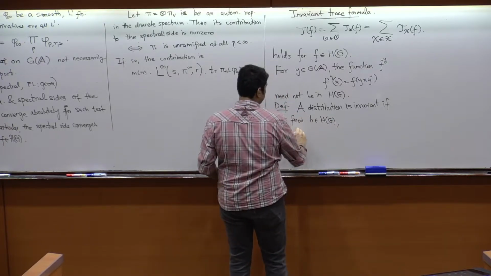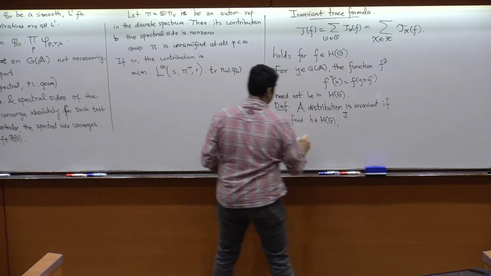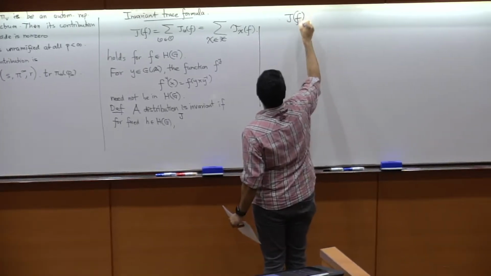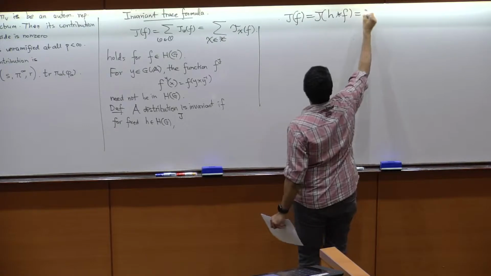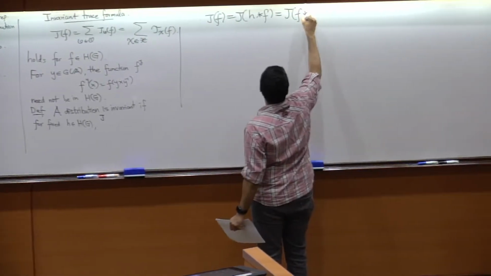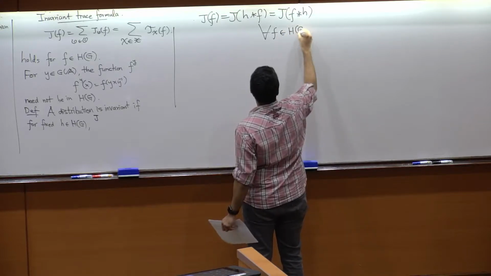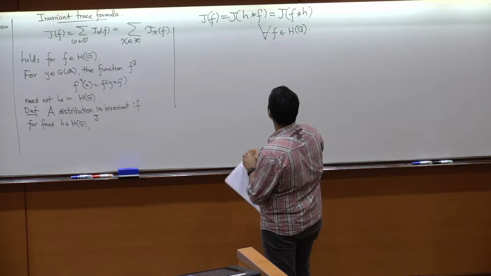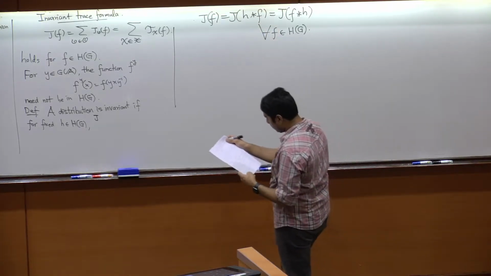Let me name this distribution J. Then I need that J(f) is the same as J(h * f), which is the same as J(f * h), for all f in the Hecke algebra. So if it assumes the same values at these places, then you call it an invariant distribution.